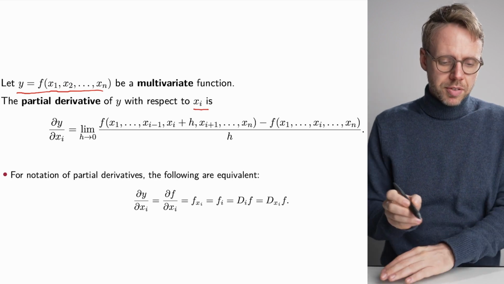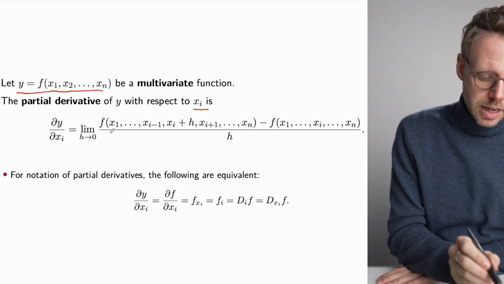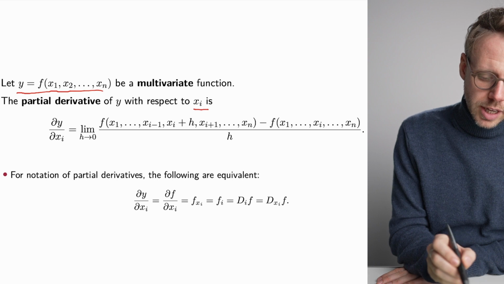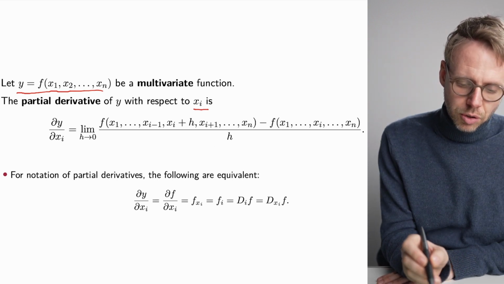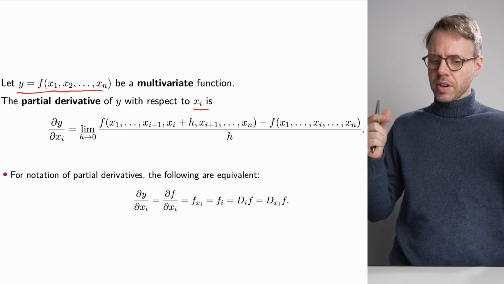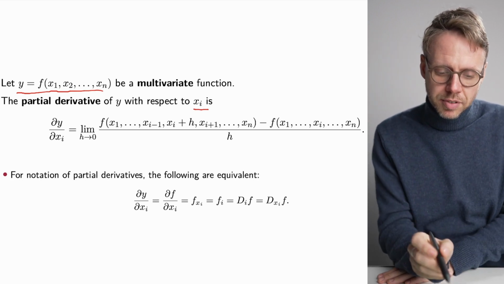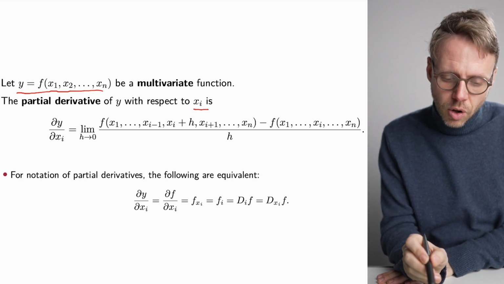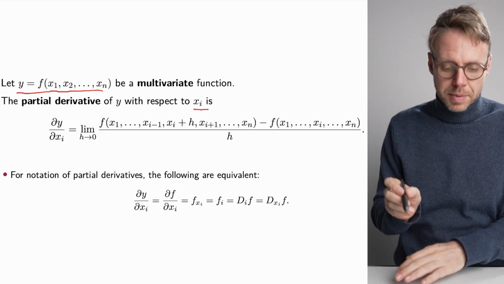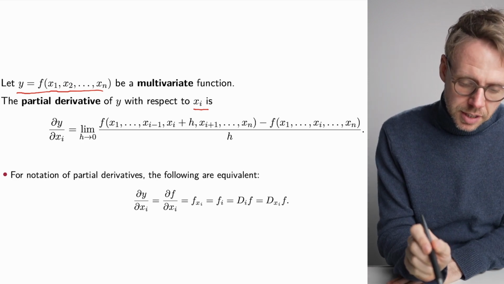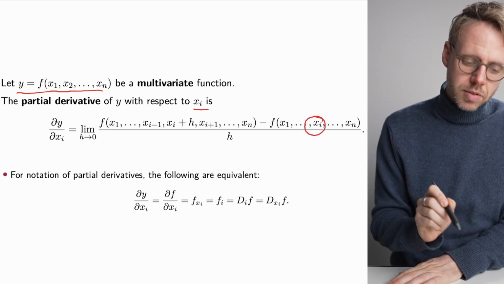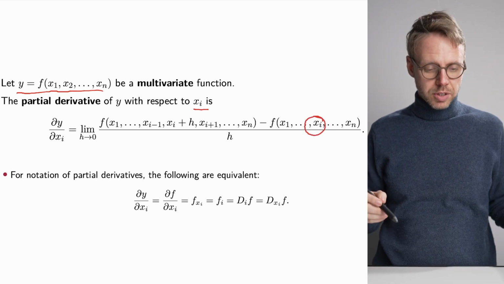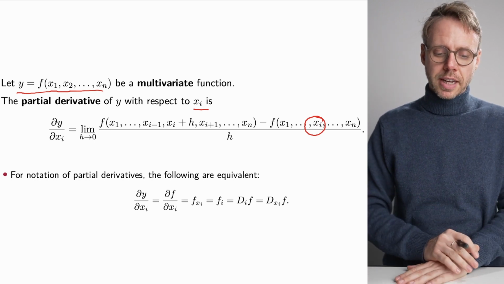And the partial derivative we got by looking at the difference between f at our current parameter vector x. So we remember that we have all those n different parameter values. But what we're interested in is the partial derivative of our function, which is y, so the output of the function, with respect to our xi.